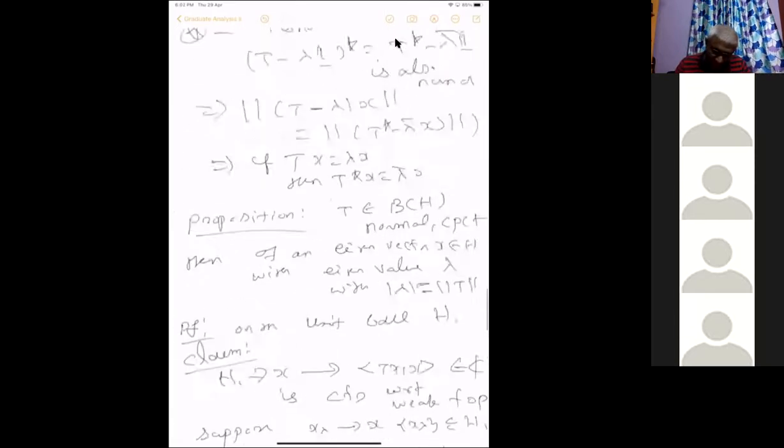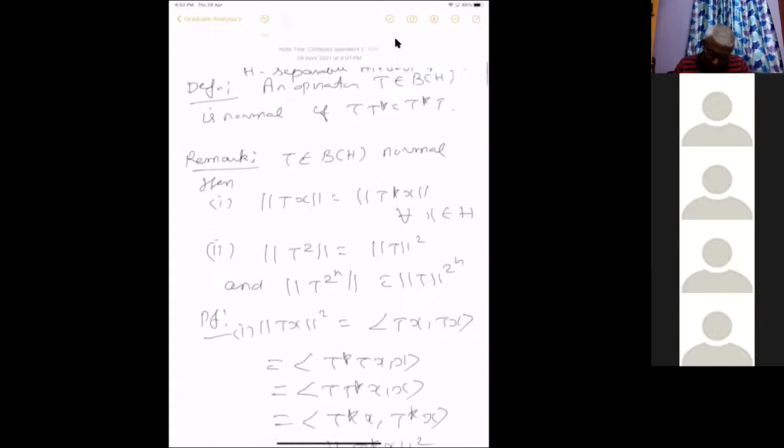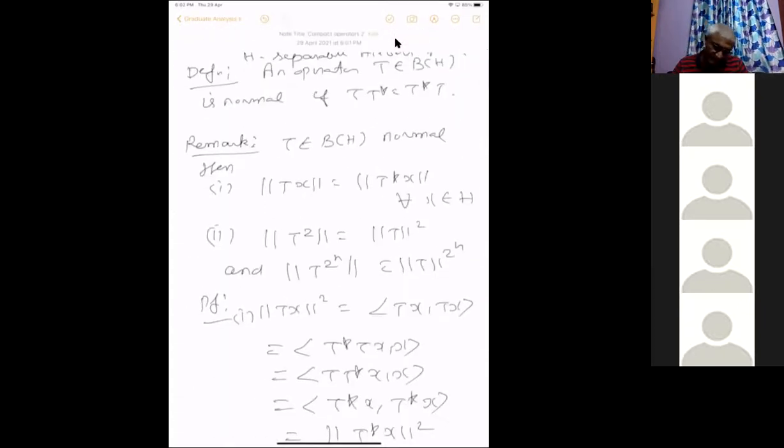I think it will follow from this, but I don't see immediately why that is true. I proved the proposition modulo that fact, so I have to prove that fact, and it will follow from this.